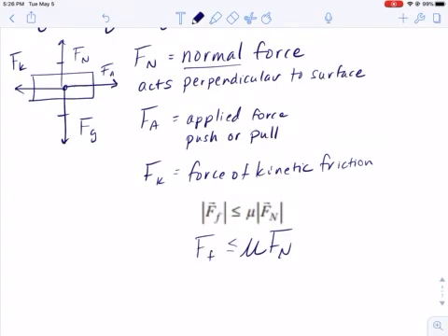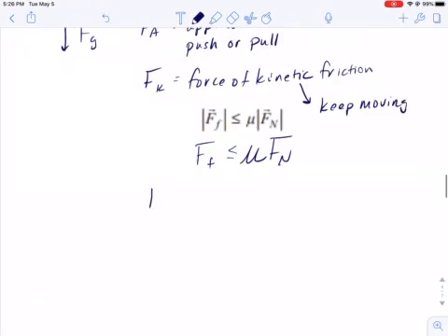And the definition of friction, like the normal force acted perpendicular to the surface, is that the force of friction acts parallel to the surface. And it always opposes motion.